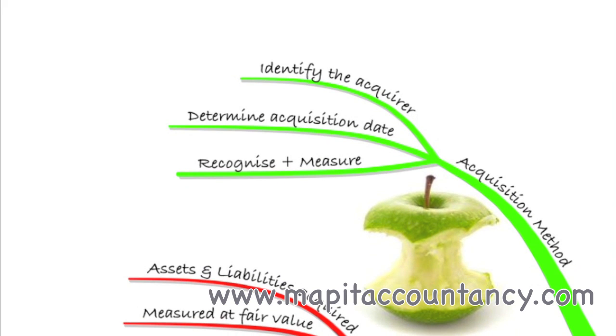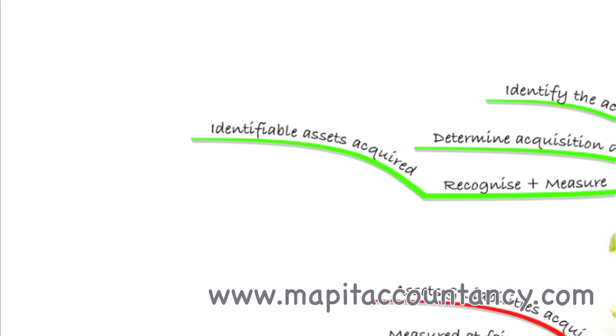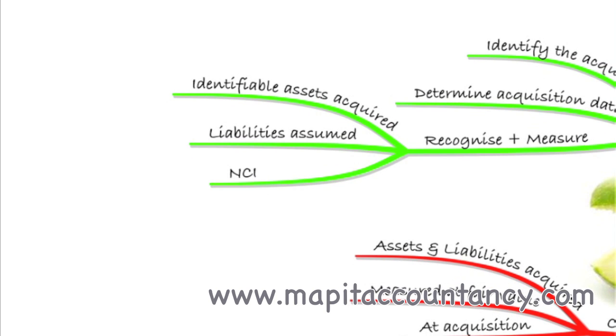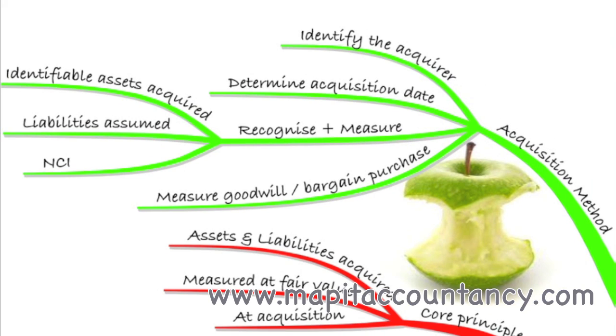We then need to recognise and measure those assets that we've acquired, the liabilities that we've taken on, and the non-controlling interest in the subsidiary. We also then need to measure our goodwill or the bargain purchase. So all of this is called the acquisition method, and this is the method that we will go through in our goodwill workings and in our consolidation workings to prepare our group accounts.